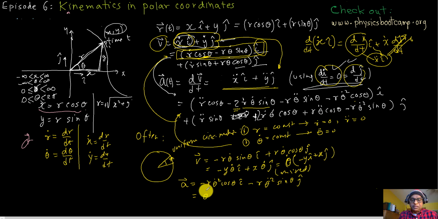If I look at theta dot square as a common, minus theta dot square common, then I have x i hat plus y j hat, which is simply the vector r. So minus theta dot square vector r. So acceleration is opposite to the vector r in this case.